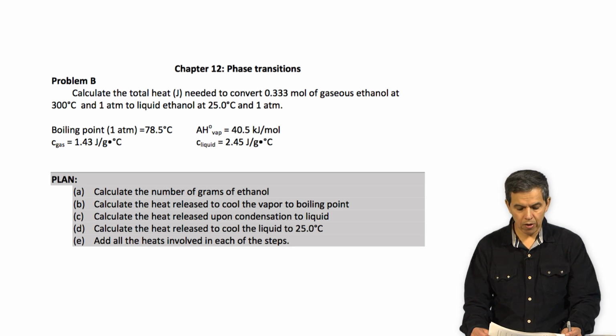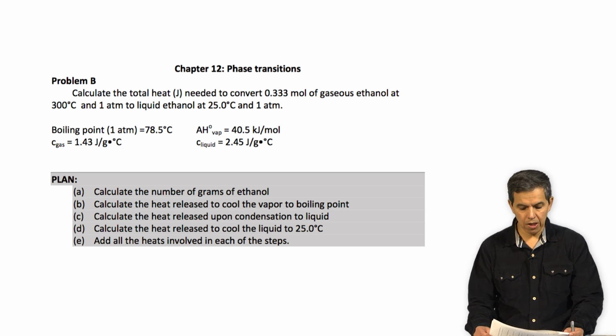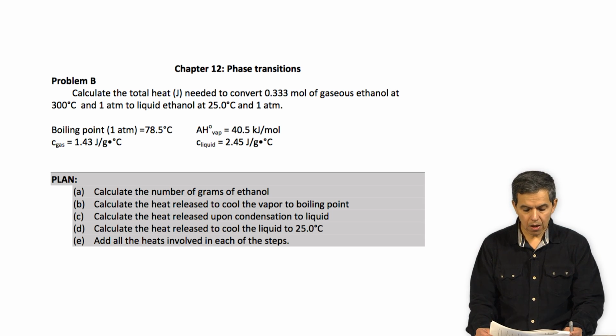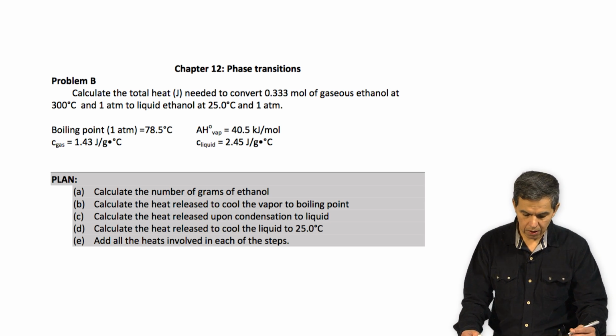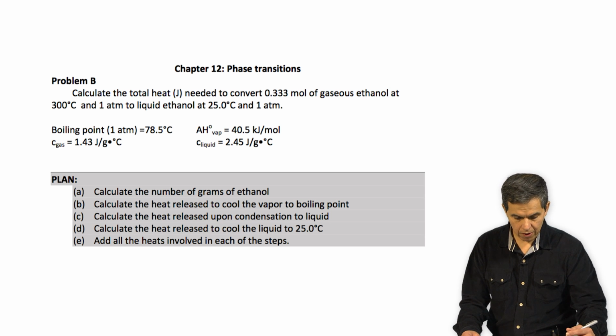Second, we're going to calculate the heat released upon condensation to liquid. Then we will calculate the heat released to cool the liquid to 25 degrees Celsius. And then we'll add all the heats involved in each of the different steps. So let's begin then by calculating the number of grams of ethanol.